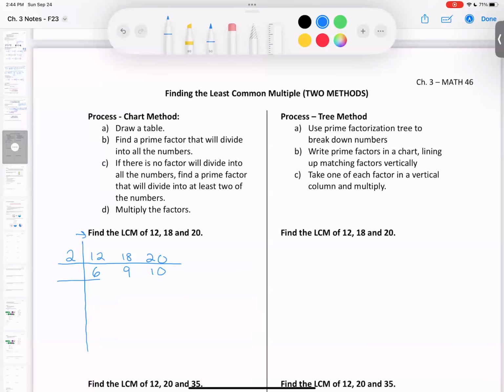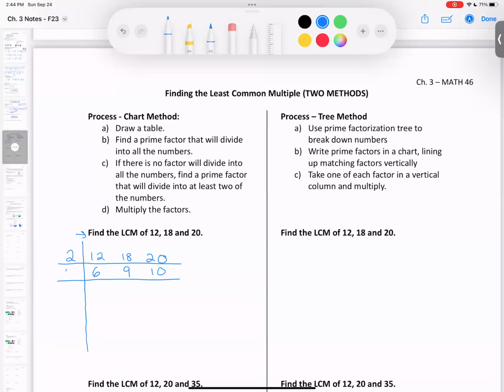And now we kind of start all over again. So we're looking for a prime factor that would divide into all 3 of those numbers. And there are none. 9 doesn't divide by 2. The other 2 would divide by 2, though. So if there's no common factor that would divide into all these numbers, we need to pick a factor that would divide into at least 2.